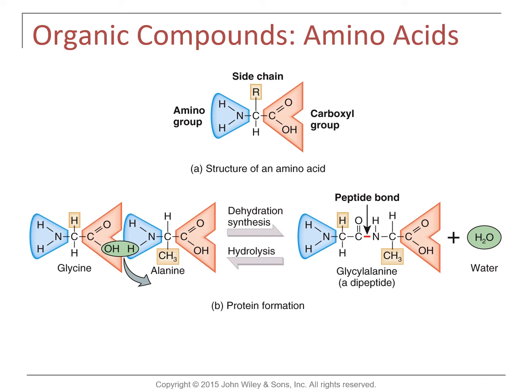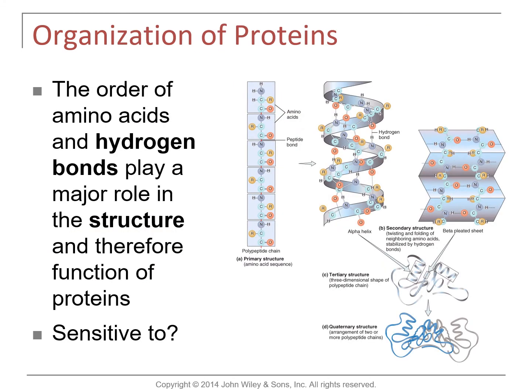Most proteins contain several amino acids linked together. The order of amino acids determines the arrangement of the hydrogen bonds that will form in this molecule, and the hydrogen bonds create unique folding patterns for the molecule.